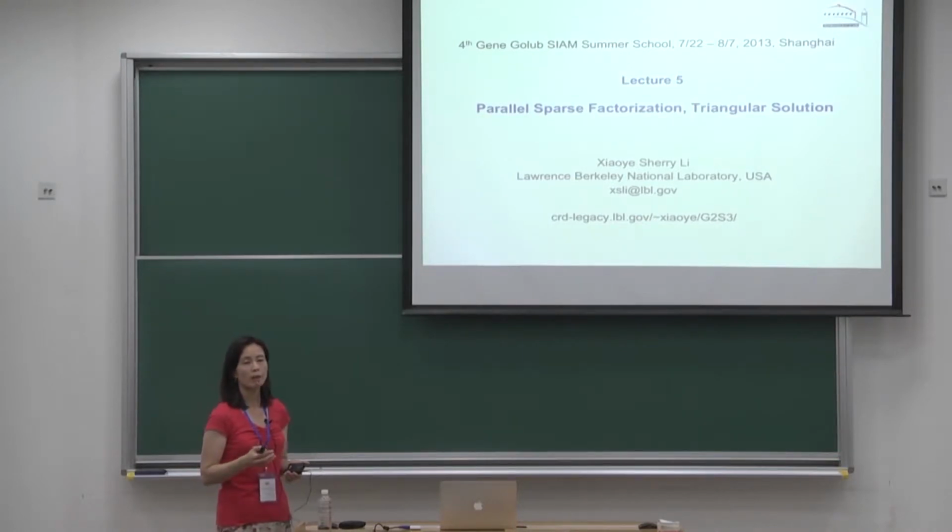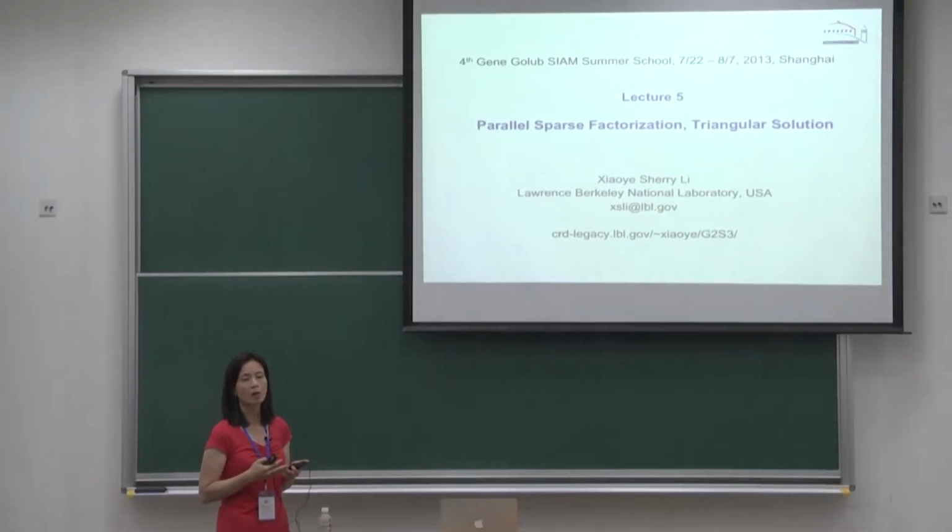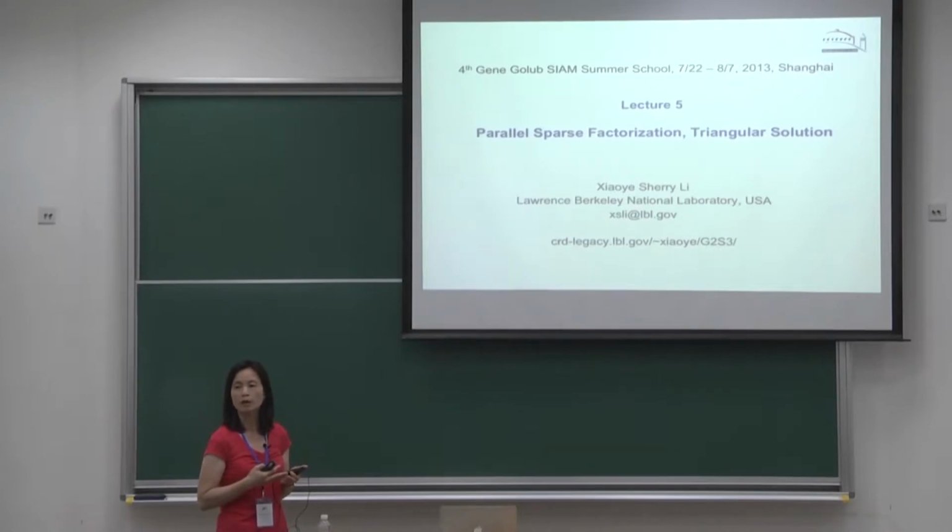By the way, I mentioned the four big steps for sparse direct methods: ordering, symbolic factorization, numerical factorization, and triangular solve. Among all of these, if you look at a sequential profile, numerical factorization in most cases takes more than 80% of the total time.